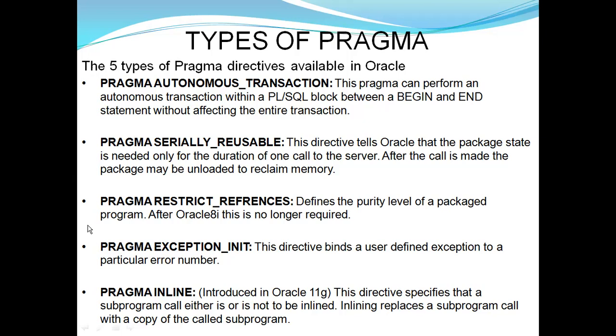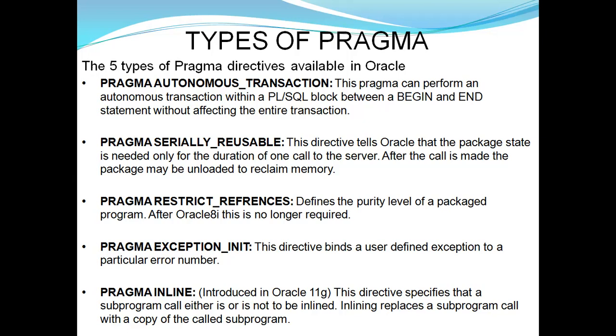Then we have pragma restrict references. After Oracle 8i, this is no longer required, but you should know the name, that's why I have kept it here. Then we have pragma exception init. We have learned the part of exceptions, where some are user-defined and some are predefined.